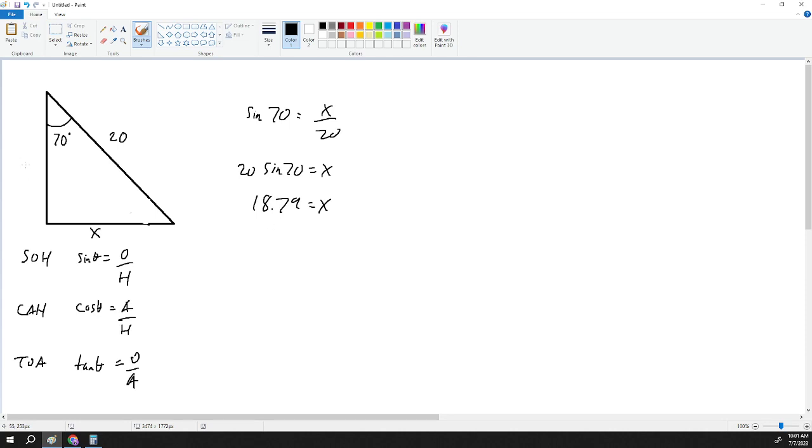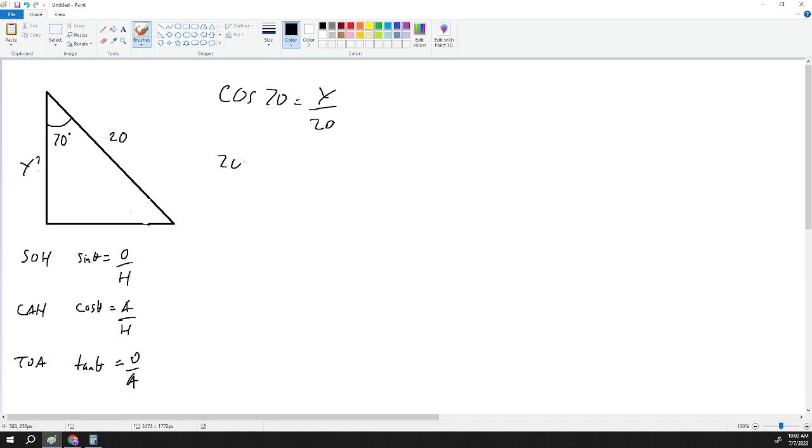Right? What if y? What is our y? Given that we don't have x, we use sine, cosine, or tangent. Which one do we use? Cosine. Okay, so gets naman. So our cosine of 70 is equal to y over 20, our adjacent.